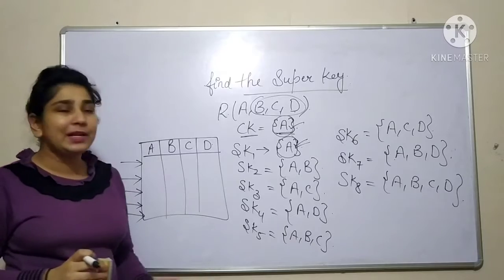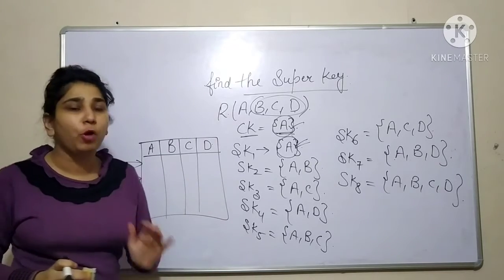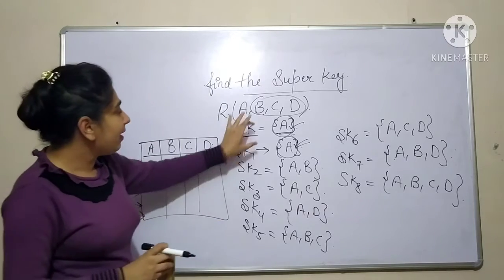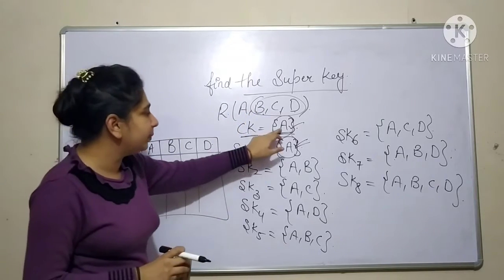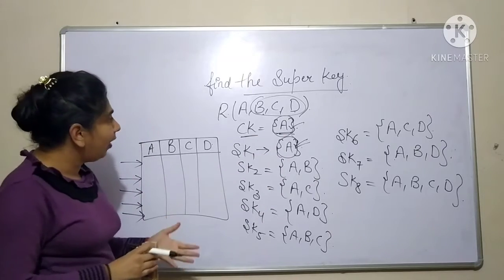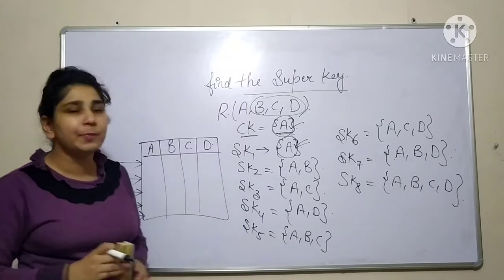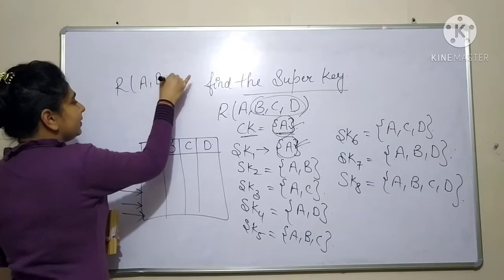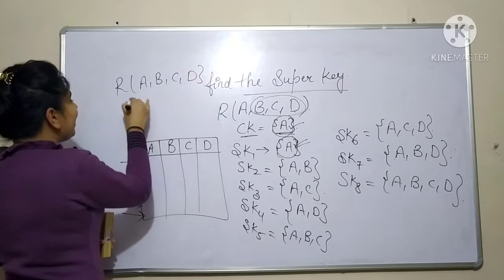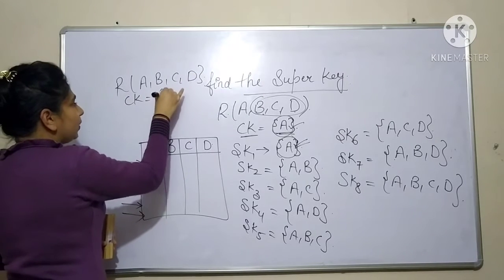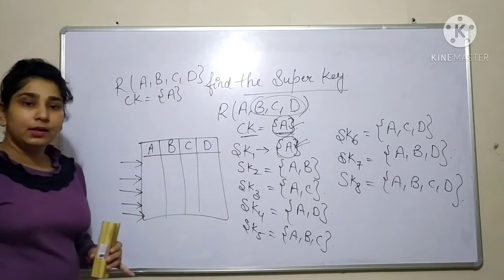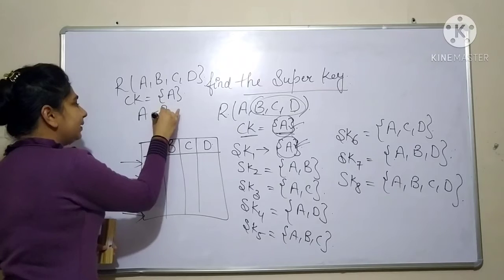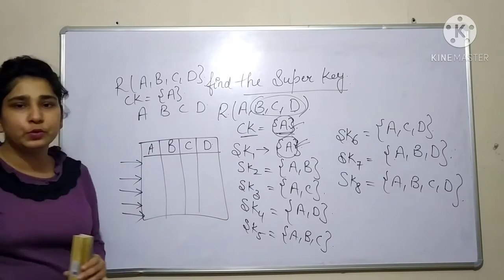So what is the simplest way to solve this kind of problem? If you are given 4 attributes of a relation and one attribute as a candidate key, how many total super keys are possible? We have a relation A, B, C, D, and the candidate key is A. These 4 attributes are there.